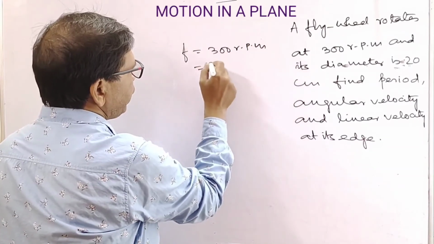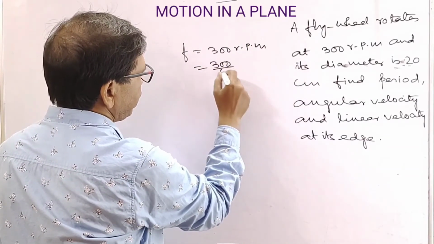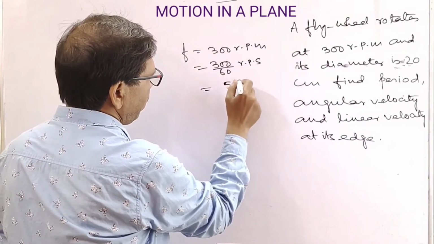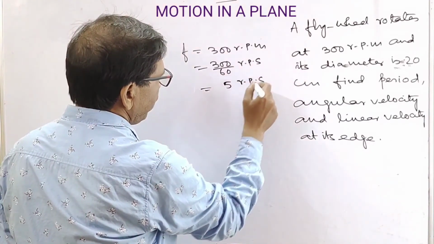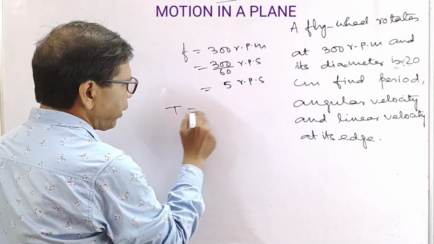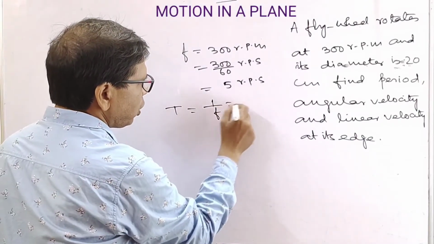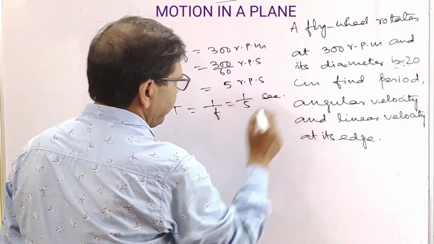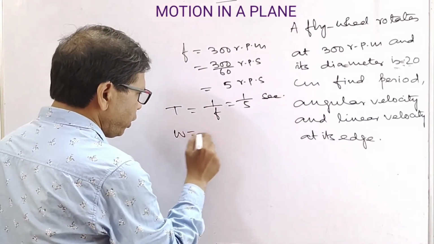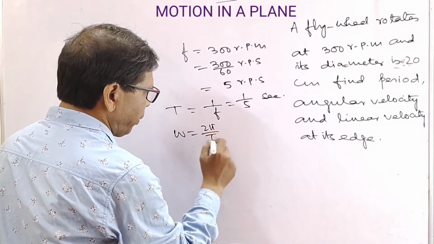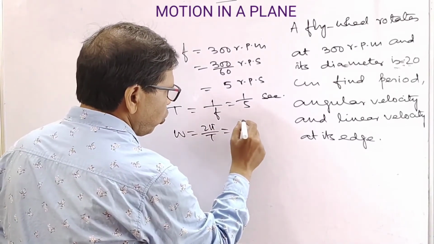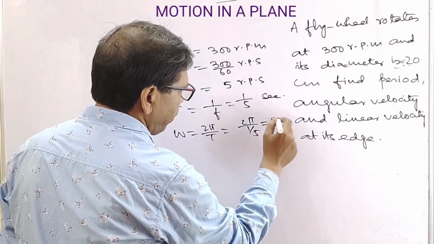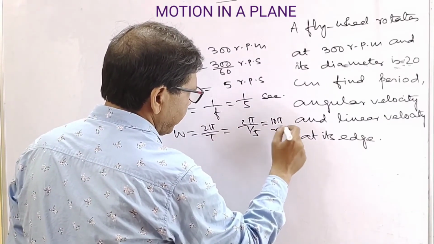Now this becomes 300 by 60 rps, so this is 5 rps. Now time period T equals 1 by f, so this is 1 by 5 second. Next omega equals 2 pi by capital T, equals 2 pi divided by 1 by 5, equals 10 pi radian per second.